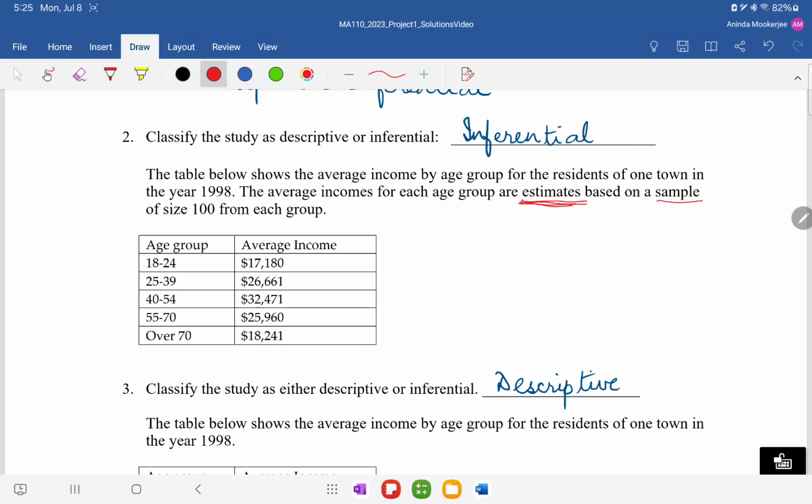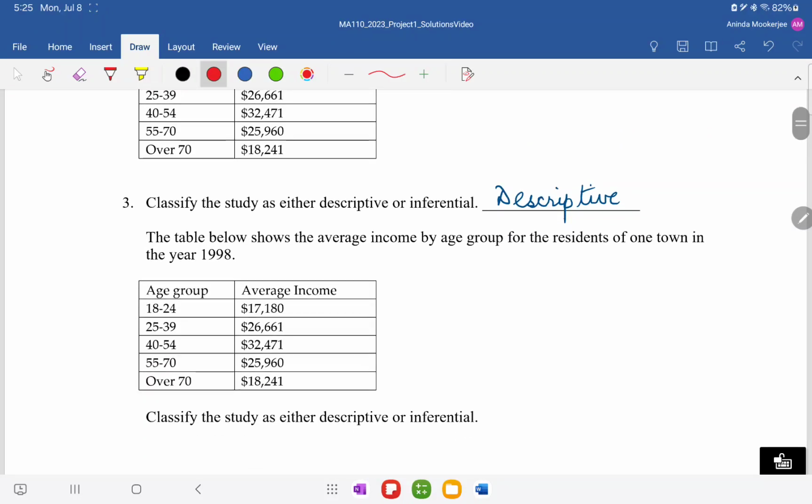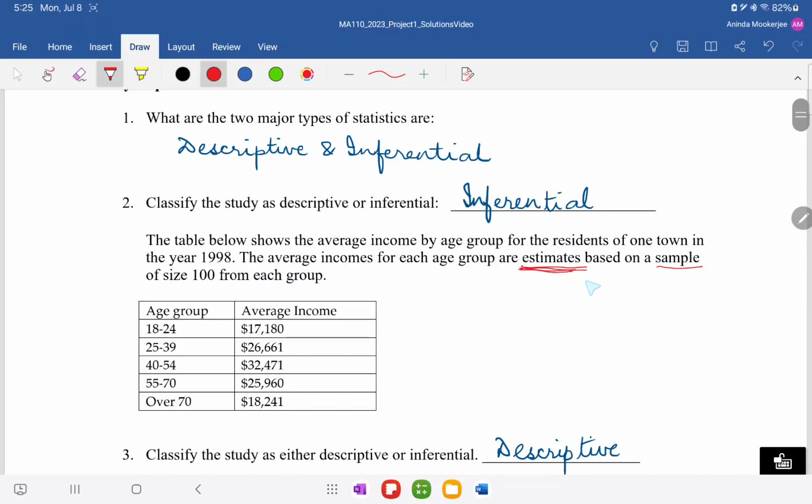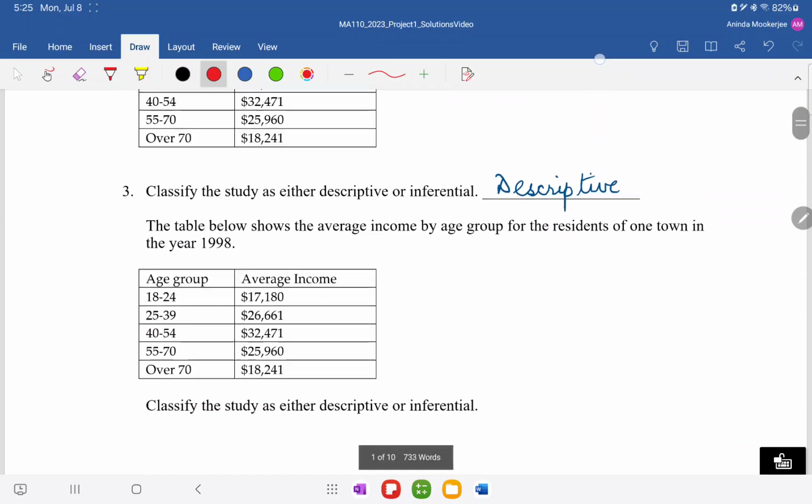All right. Question number 3, similar question, but this time they say that the table below shows the average income by age group for the residents of one town in the year 1998. So again, it's the same data set, except they don't have that second part of the sentence which says these are estimates and all that.